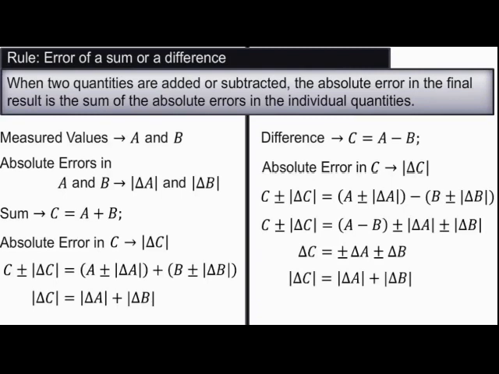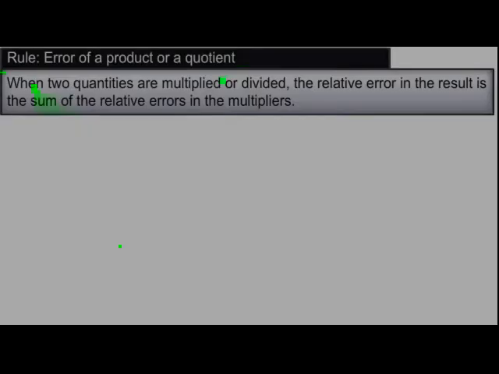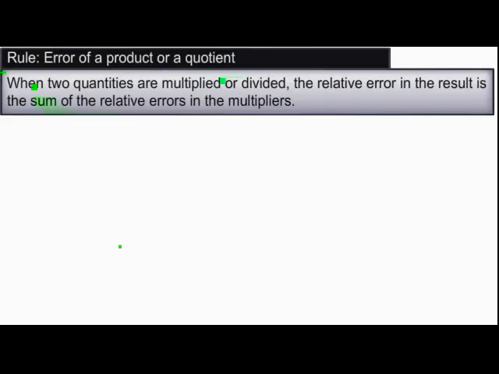When two quantities are multiplied or divided, the relative error in the result is the sum of the relative errors in the multipliers.